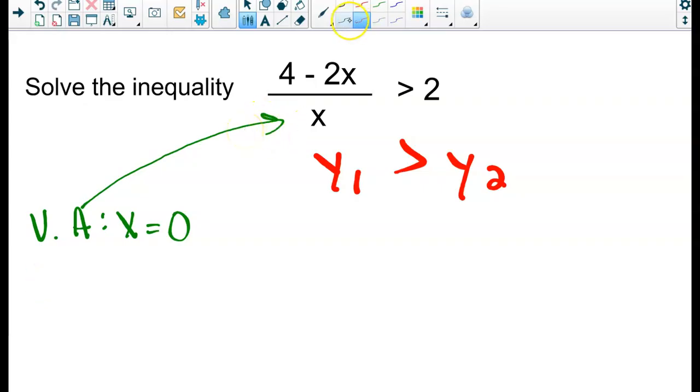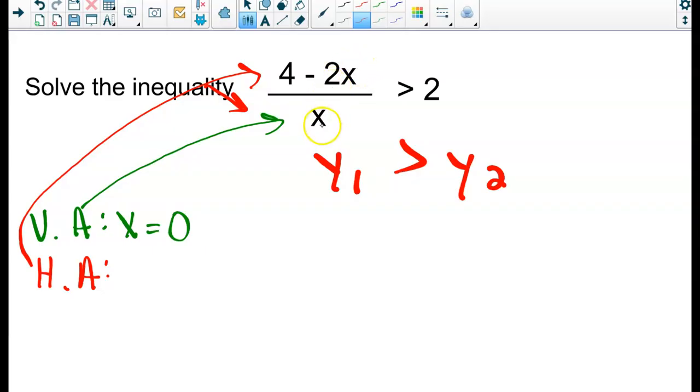And then the horizontal asymptote has to do with the numerator and the denominator. I'm looking at these have the same power, so the degree is 1 on both of them. So we're looking at the coefficient of both of those x's, which is -2. So y equals -2 is the horizontal asymptote.